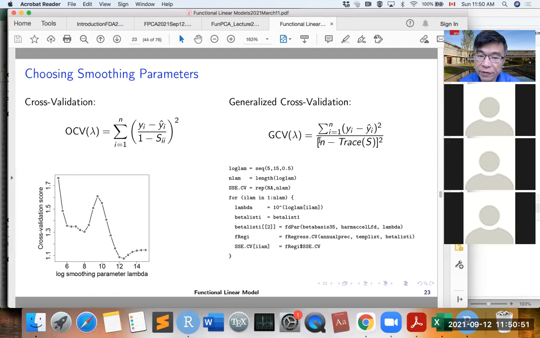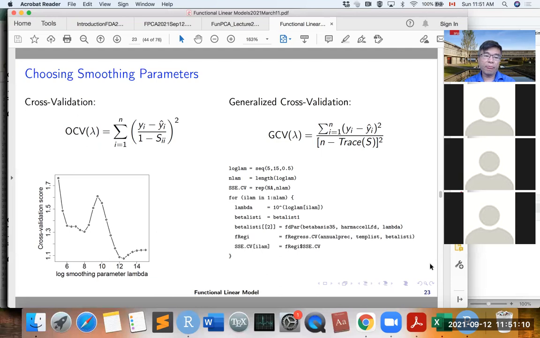And so this is the definition for GCV. You can see it's pretty similar to the ordinary cross validation, but a little bit different. So the trace of S will be equal to the summation of S_ii.